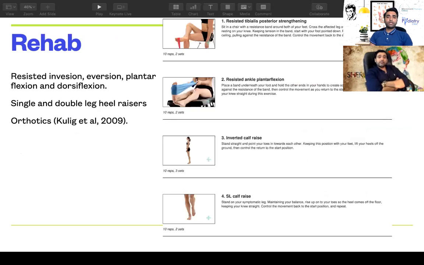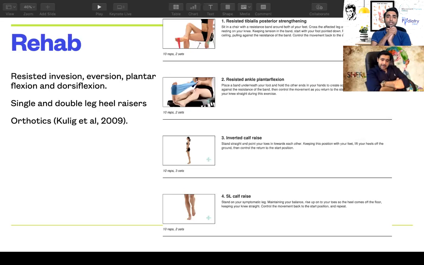So in terms of rehab, there is a paper done by Cooley et al. 2009. These are the basic exercises that I've added in there, and of course you can go simpler than these, and then you can go more advanced than these.